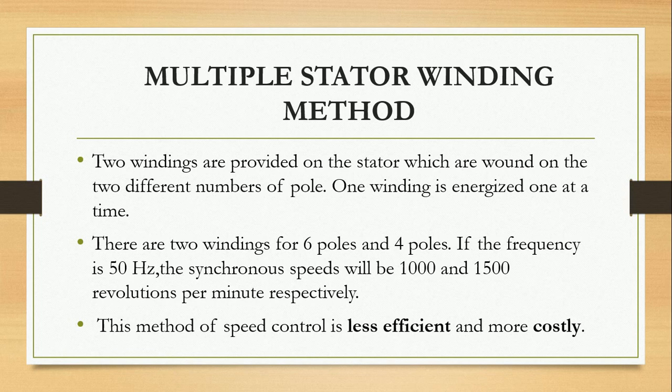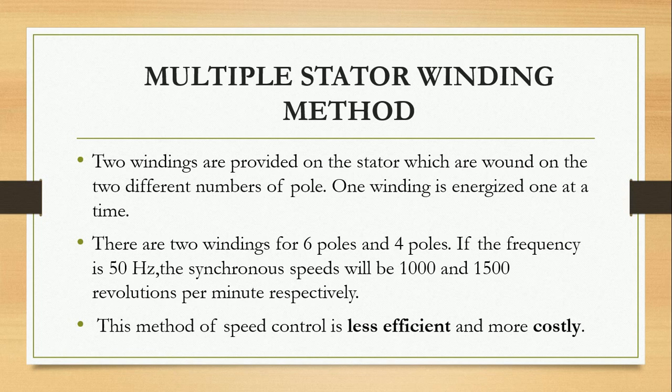Let us consider there are two windings for 6 poles and 4 poles. If the frequency is 50 Hz, the synchronous speeds will be 1000 and 1500 revolutions per minute respectively.